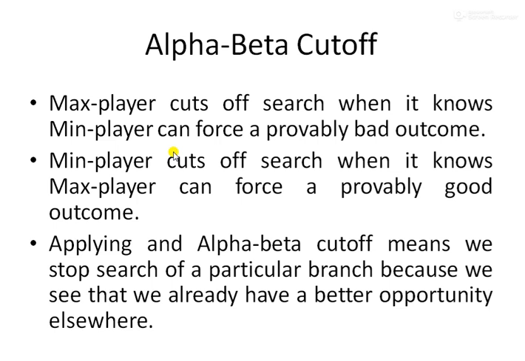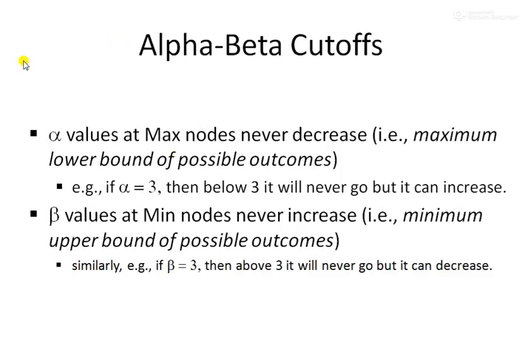So let us see the technical things about alpha beta cutoff. The alpha value is related with max and the beta value is related with min, and we'll put some bounds. That means alpha is a bound, and beta is also a bound for min.